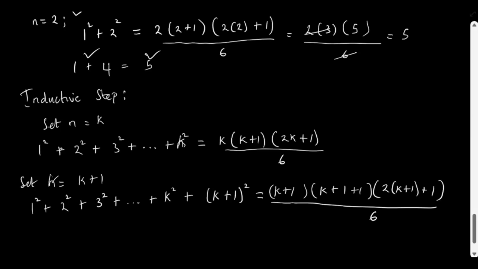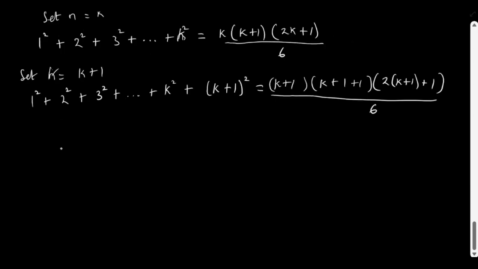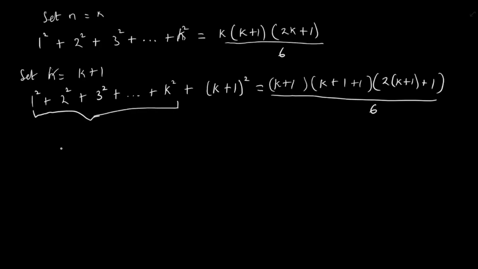over 6. Also, we notice that the expression here is the same thing as the expression over here. Expression over here is k open bracket k plus 1 multiplied by 2k plus 1 over 6.